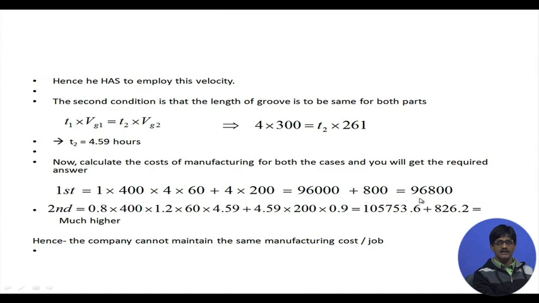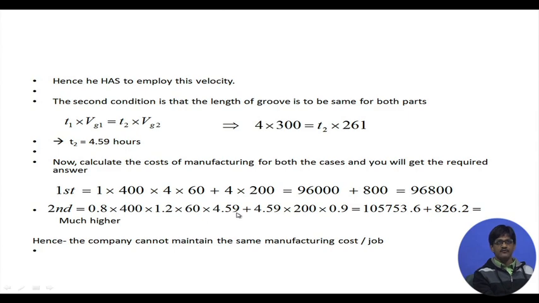to 96800. Next one, sorry, this was abrasive cost per minute, and abrasive consumption per minute was 1 kg, and that is why it is multiplied by 60 to find out the cost per hour, multiplied by the total number of hours. Okay, the second one is more tricky.